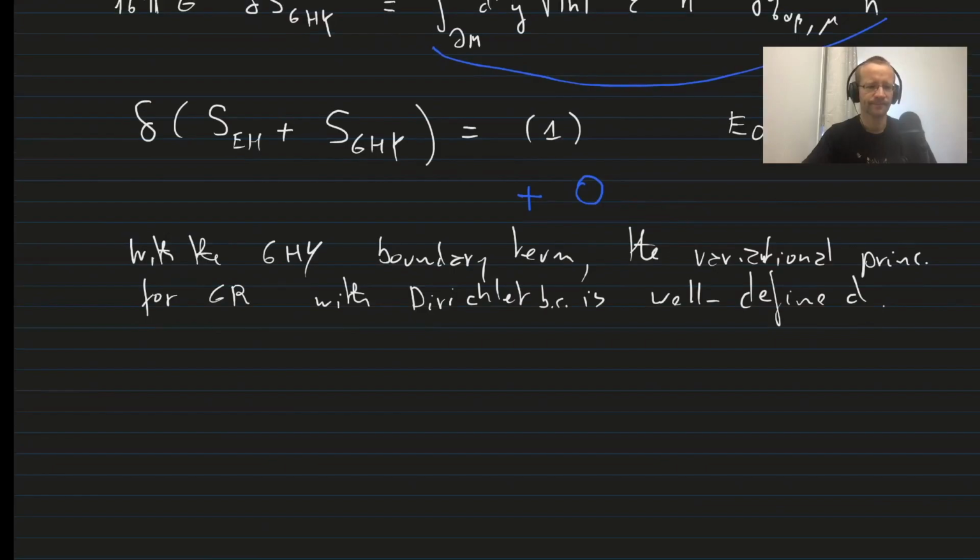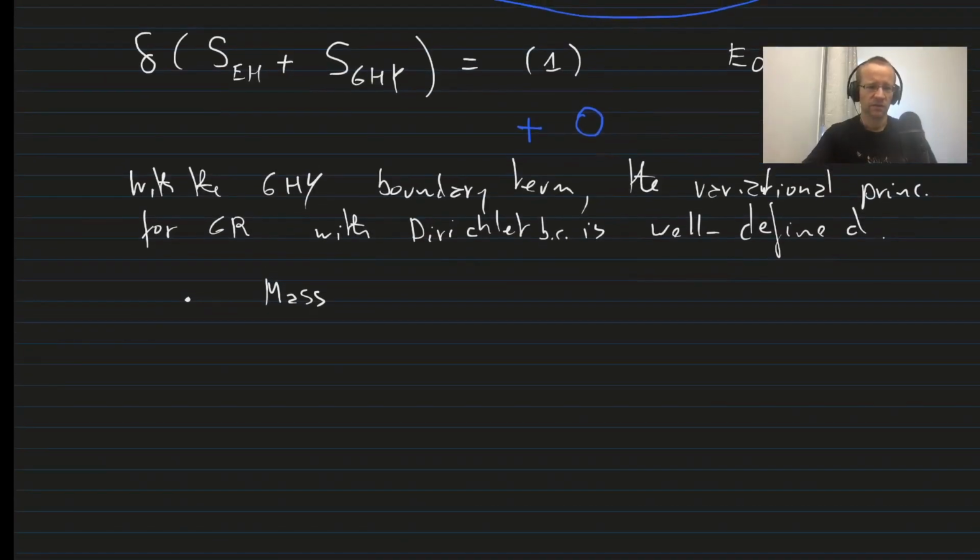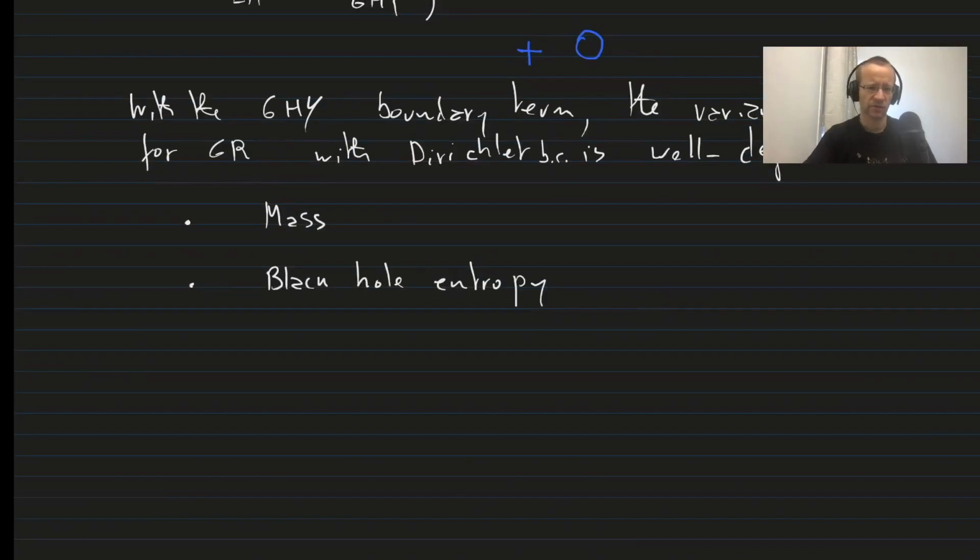It's wonderful. So why is this important? Well, the boundary term will be important for very important aspects of general relativity, like computing the mass of a particular configuration, but also, for instance, for computing black hole entropy, in particular the semi-classical value of the black hole entropy will depend on the Gibbons-Hawking-York term, and also for the composition of path integrals in Euclidean quantum gravity to be well defined.